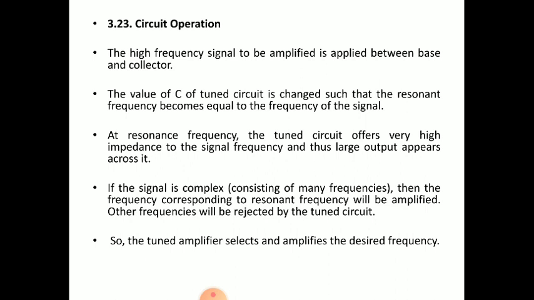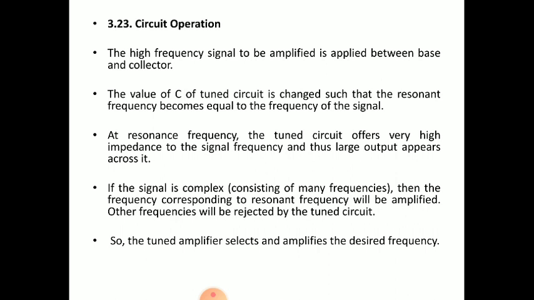Next, circuit operation. The high frequency signal to be amplified is applied between base and emitter. The value of C of the tuned circuit is changed such that the resonant frequency becomes equal to the frequency of the signal.